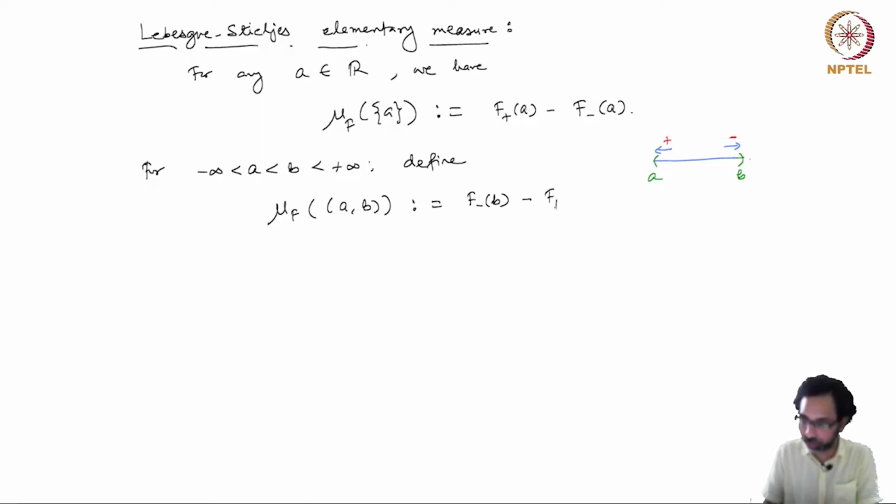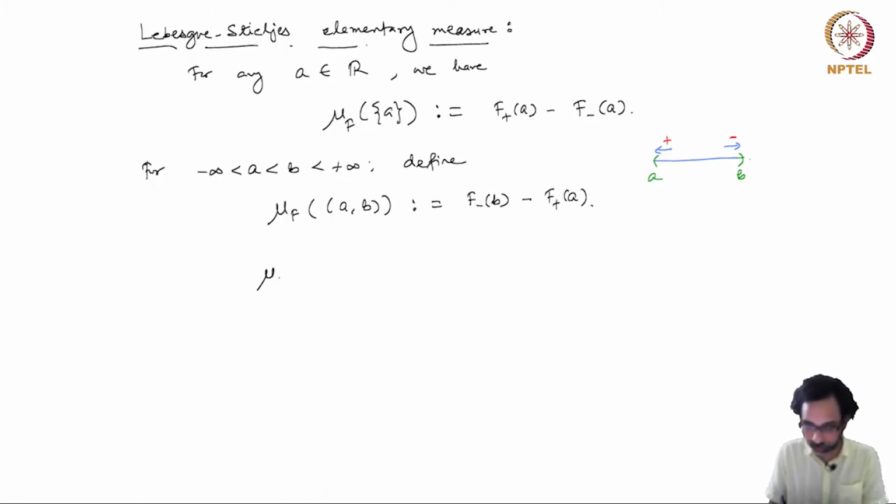So this is the formula for the Lebesgue-Stieltjes elementary measure for an open interval. And now we can deduce for any other interval which contains the endpoints just by adding the value of the singleton set.